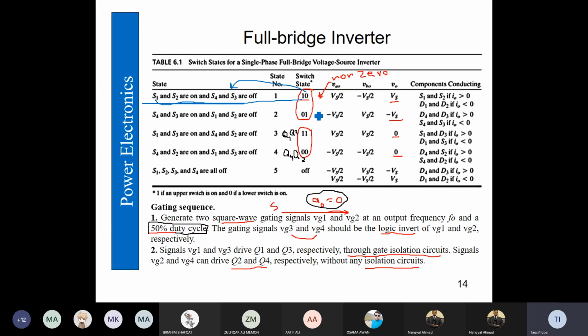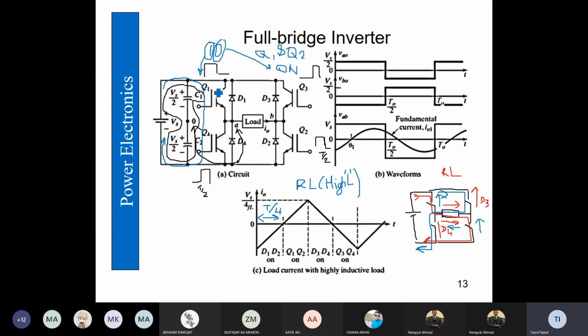Similarly, the other way around, 0, 1 indicates Q3 and Q4 are on. 1, 1 means both upper switches are on, and 0, 0 means both lower switches are on. So we understand what happens when Q1 and Q2 are on. The voltage would appear across the load.